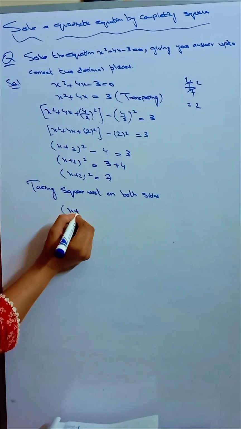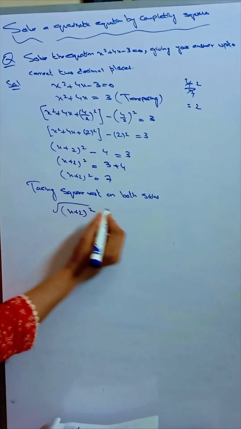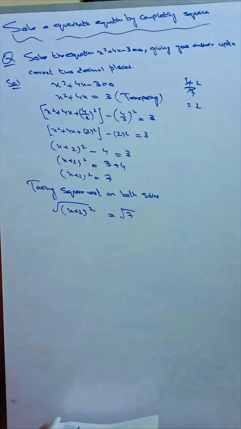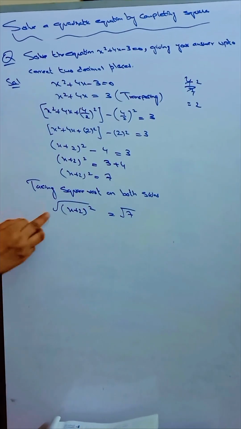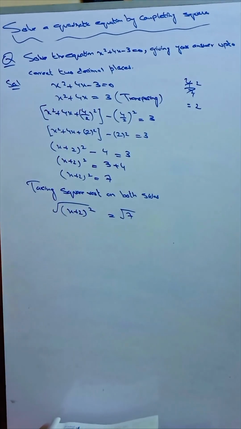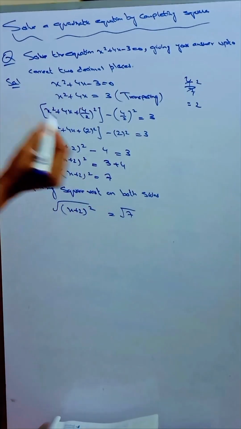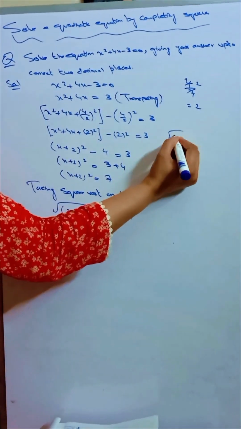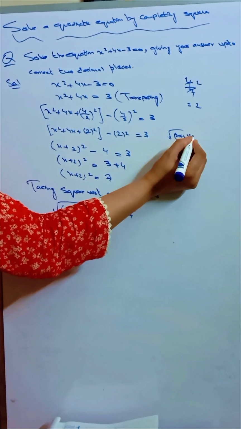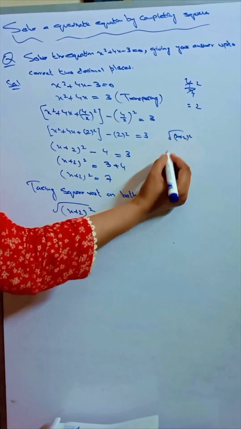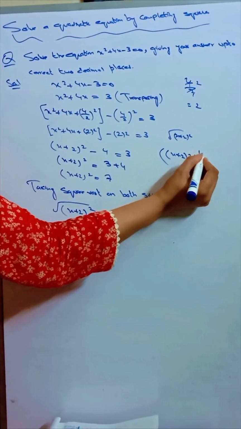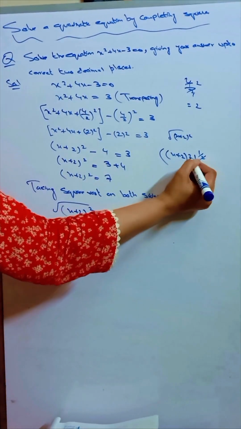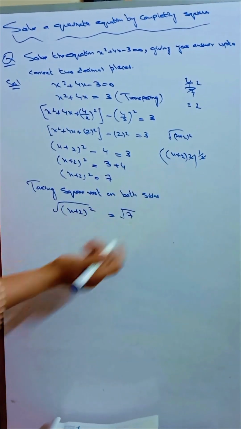So x plus 2 whole square under root equals to 7 under root. Any problem here? No. And next step, as you know, this under root means 1 by 2. I think you have known it, but just for your convenience, x plus 2 whole square, this under root means x plus 2 whole square to the power 1 by 2. This 2 cancels off, answer is x plus 2.